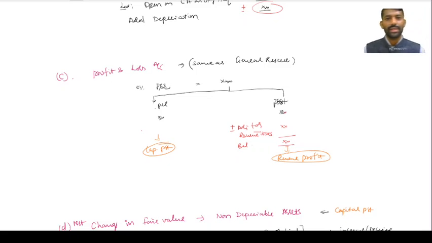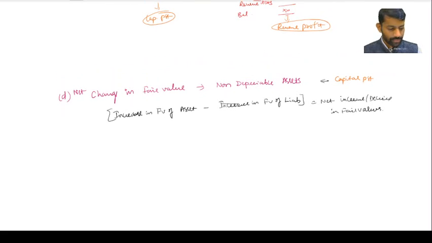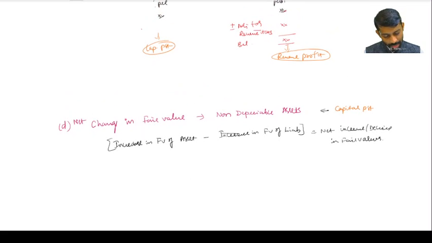So Ind AS 16 and all the standards are over. Now we are asking which are not depreciable assets. I understood this only for land. That is a non-current asset on which depreciation is not applicable. Here I said non-depreciable assets.